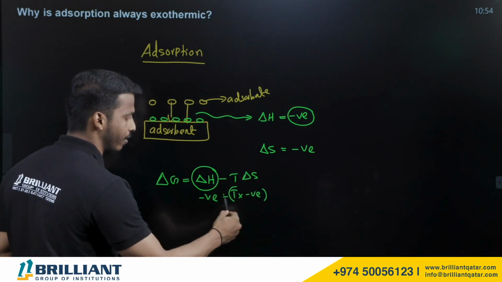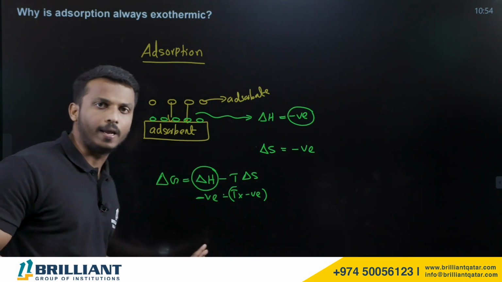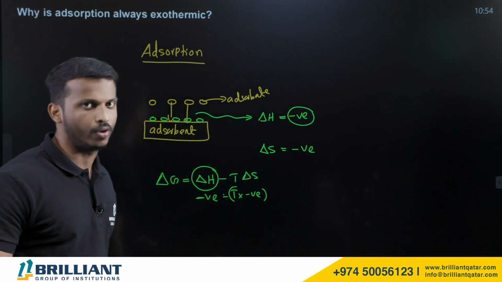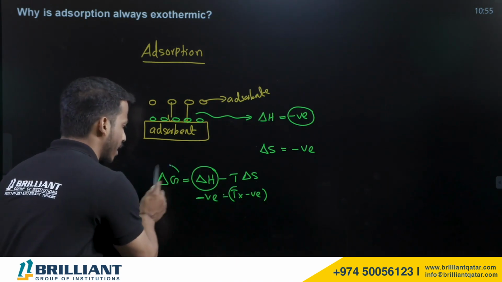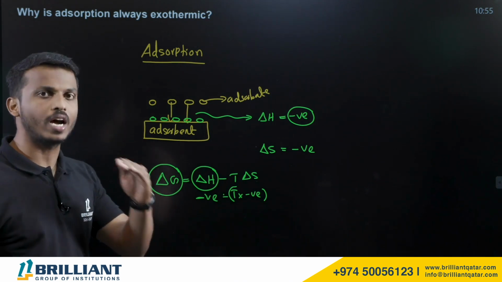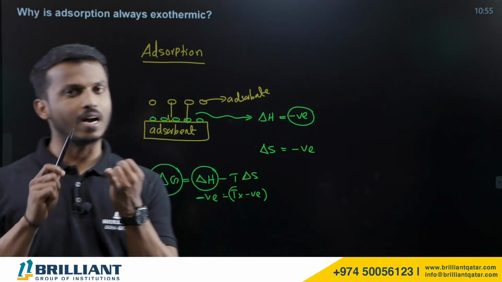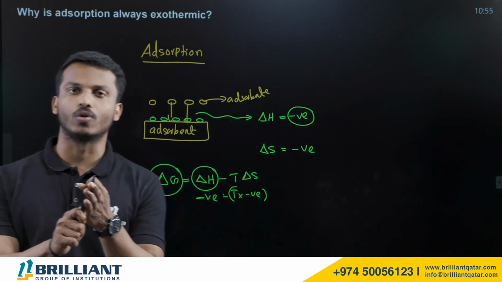Negative, negative, positive. But mostly the enthalpy will be very high during an adsorption process if it is chemisorption. So there is a chance for the Gibbs energy to be overall negative. So in most adsorption processes, delta H is negative, delta S is negative, and Gibbs energy is also negative.